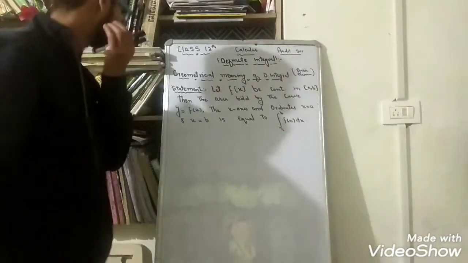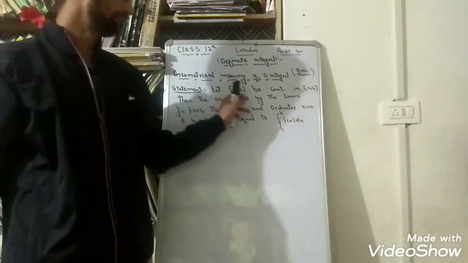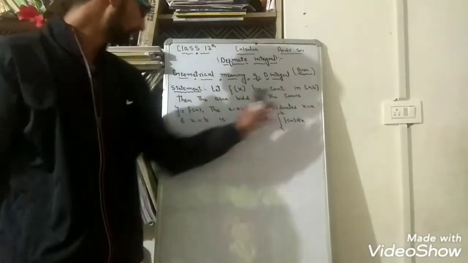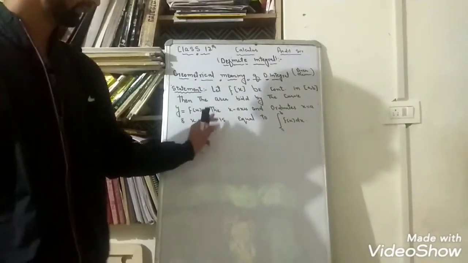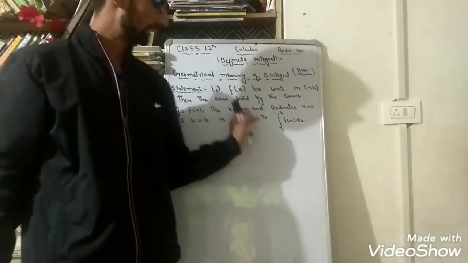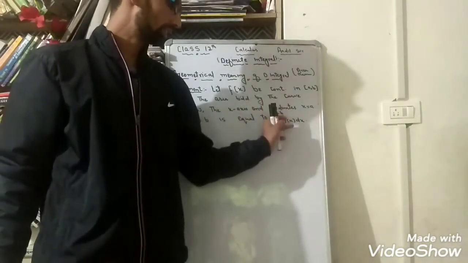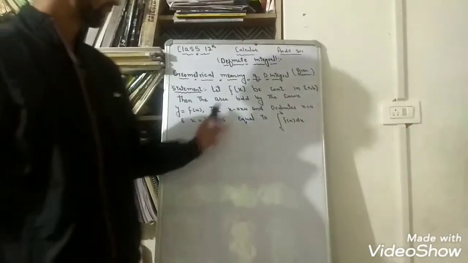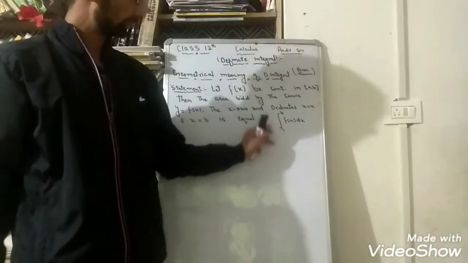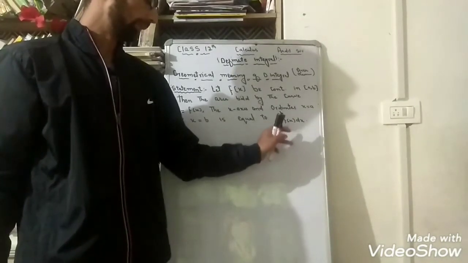You write down the statement first. You write, let f of x be continuous in AB, then the area bounded by the curve y is equal to f of x, the x-axis and ordinates x is equal to A and x is equal to B is equal to the integral A to B f of x dx.